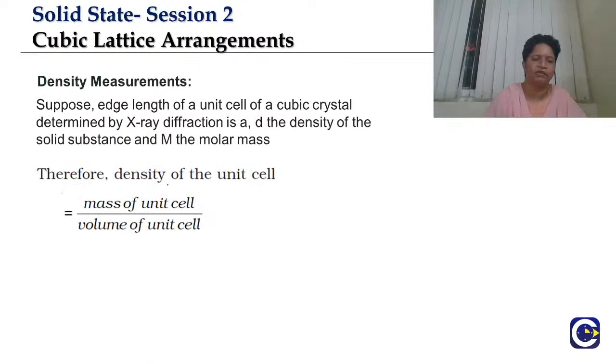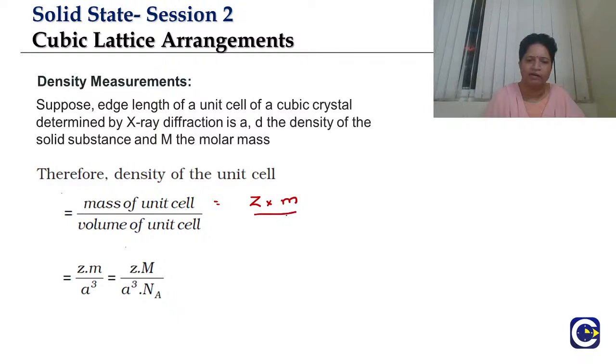Density we know as mass by volume. How do we get mass? Z into M. What is Z? Z is the effective number of atoms, into mass divided by Avogadro number, will give us the mass of the unit cell. And the volume of the unit cell is A cube.